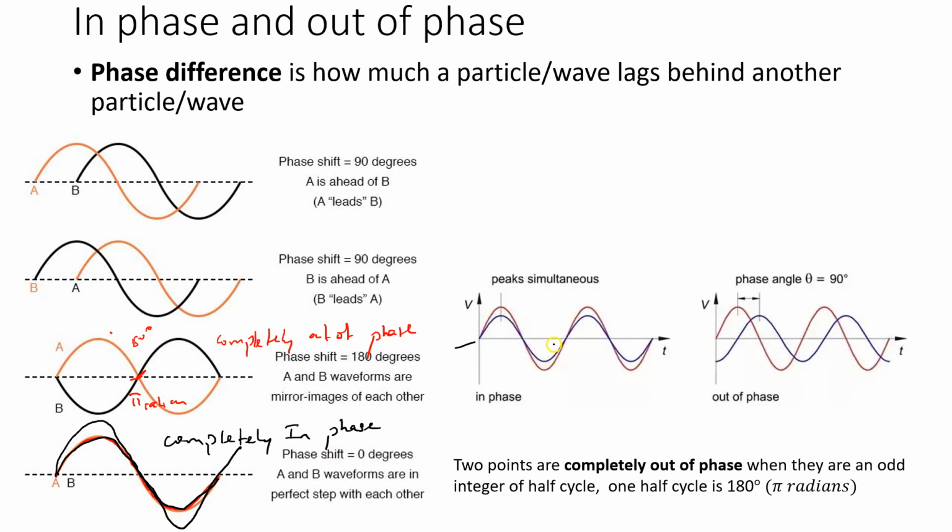So phase difference has to do with the amount that it lags behind the other. Phase shift would basically mean the same thing as phase difference. Because none of them is lagging behind each other, we say that they are in phase, and in this regard, it's completely in phase. Now, once there's a lagging effect, then it means that they're out of phase.